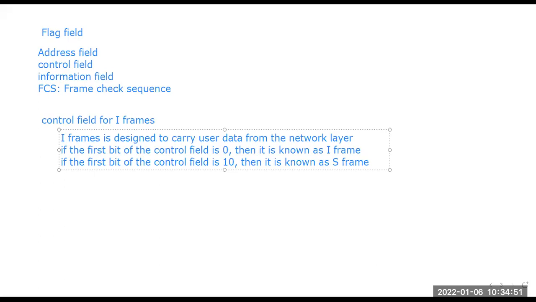And PPP also uses framing. So PPP also has this frame: flag, address, control, protocol, and one added thing, payload, and lastly the FCS and flag. The format is almost the same in each case.